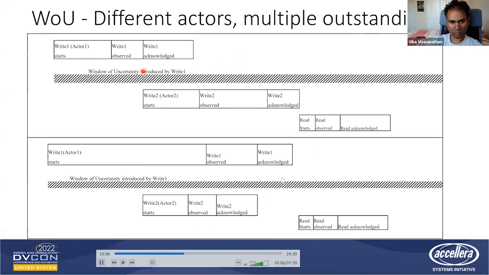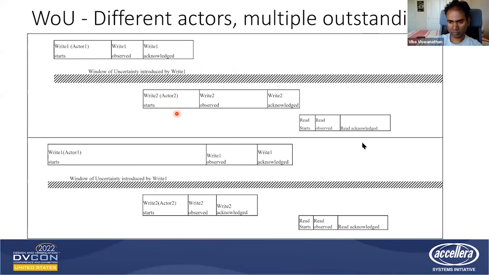In this case, the latencies experienced by each write, write 1 and write 2, could be very different. We show in the top picture that write 1 and write 2 have similar latencies. And in the second picture, we show write 1 has a very long latency and write 2 has a very short latency.